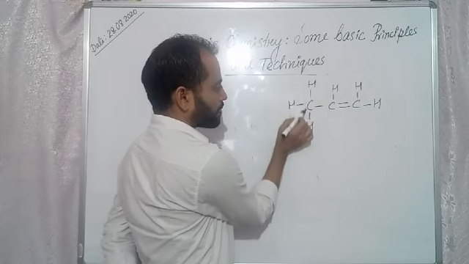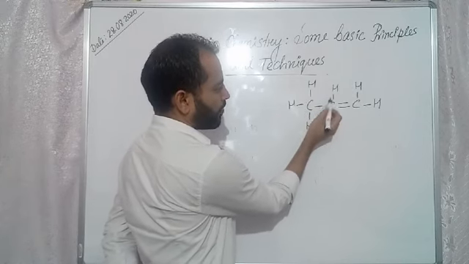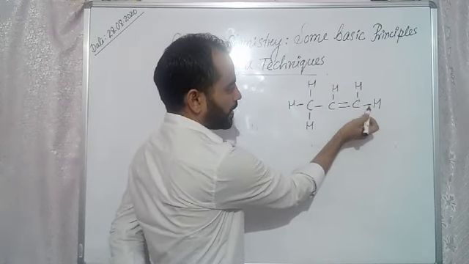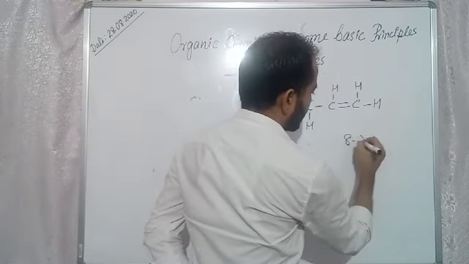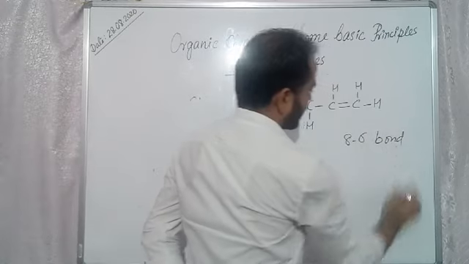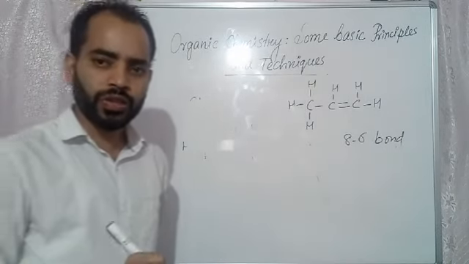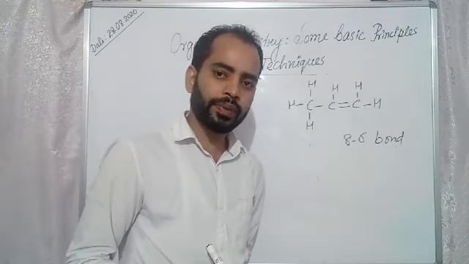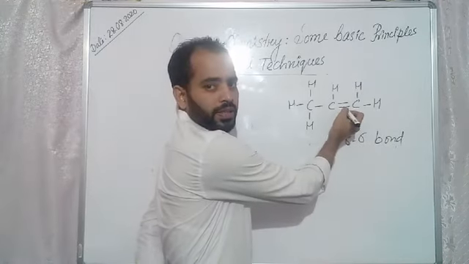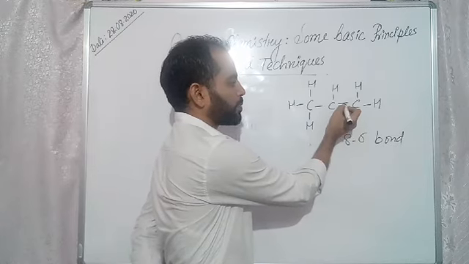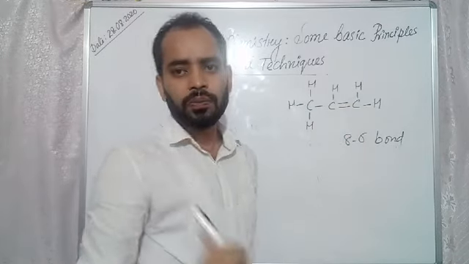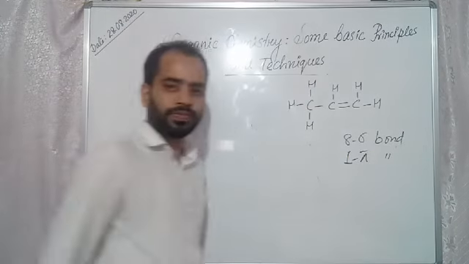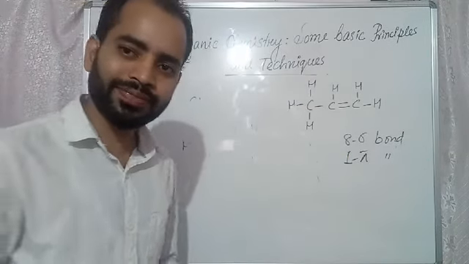See, all are sigma bonds: 1, 2, 3, 4, 5, here 1 sigma, 5, so 6, 7, 8. 8 sigma bonds. And how many pi bonds? We know a pi bond exists only if there is a double bond or triple bond. So here one double bond is there. So 1 is sigma and 1 is pi. So how many pi bonds? Only 1 pi bond. Hope it is clear to everyone.